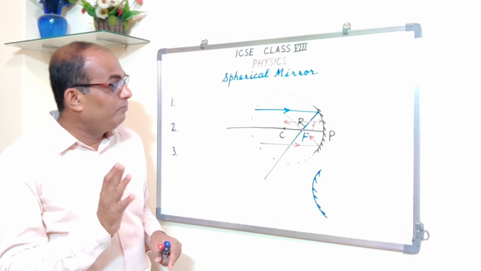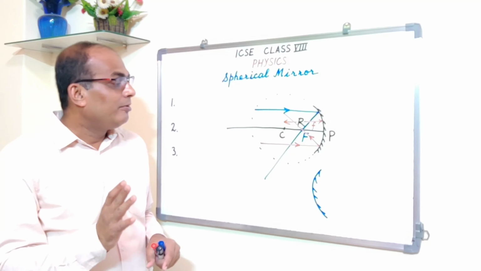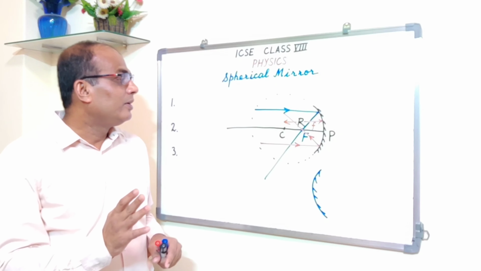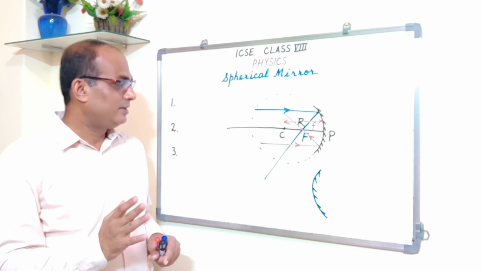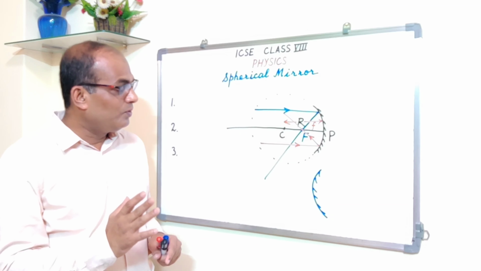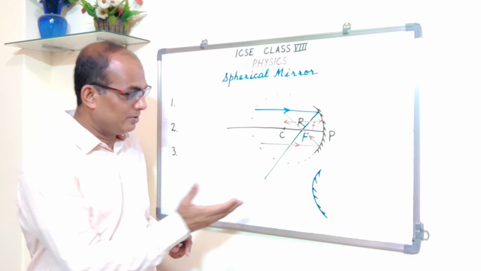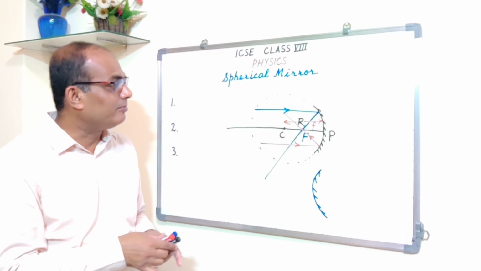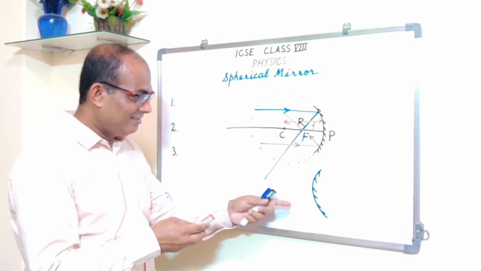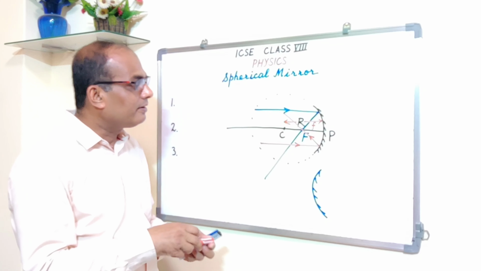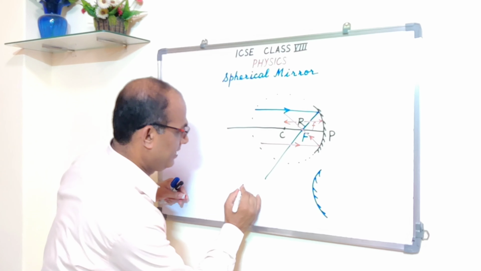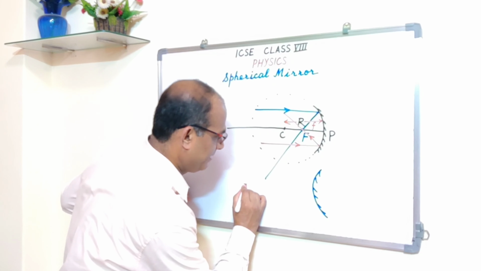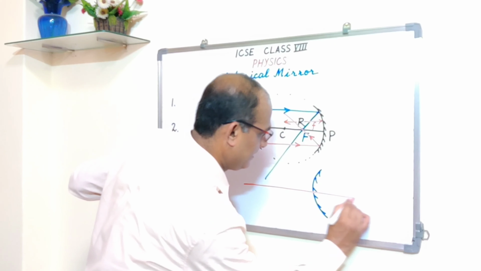Now, if you want me to talk about focus and focal length for the convex mirror also, okay, fine. Let me tell you. This is a convex mirror, and this is the principal axis.